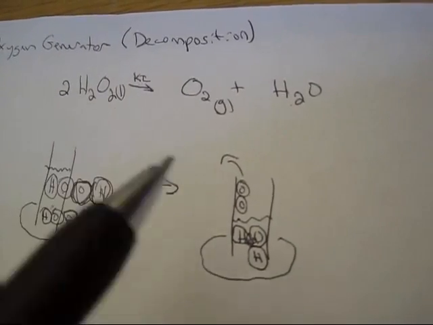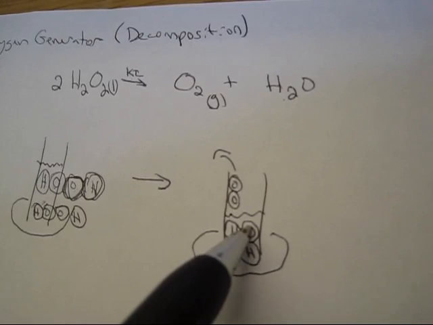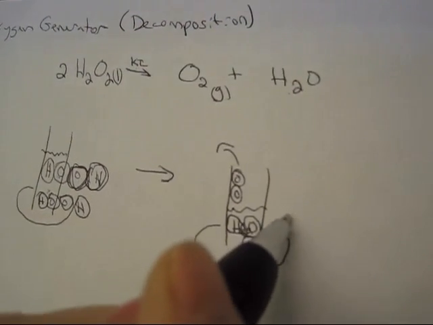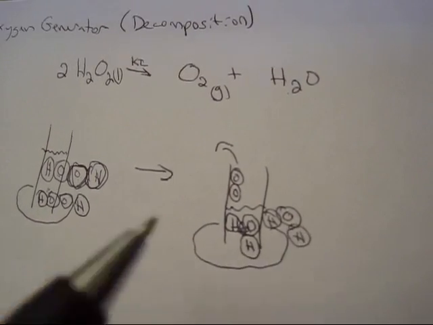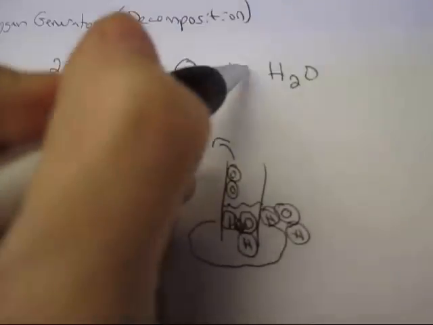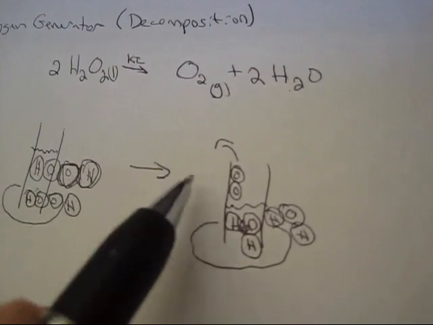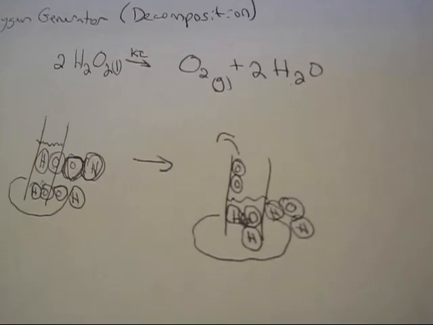So now I have 4 oxygens, and now I have 4 hydrogens, so I could probably make another water over here. This doesn't really fit in my cylinder. Make yours fit in the cylinder if you can. But we probably made 2 waters. And let's see, oxygens 1, 2, 3, 4, 1, 2, 3, 4. One is making 1 oxygen molecule and the other 2 are in the water.